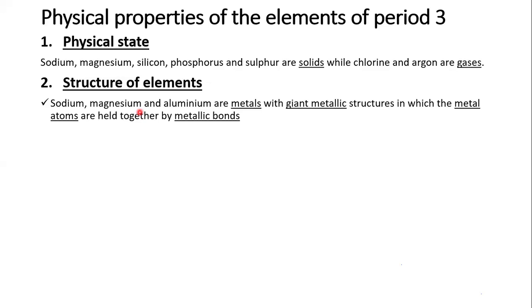But if you get silicon element, the whole element of silicon, it has a giant covalent structure in 3 dimensions, in which each silicon atom is covalently bonded to 4 others in a tetrahedral arrangement.